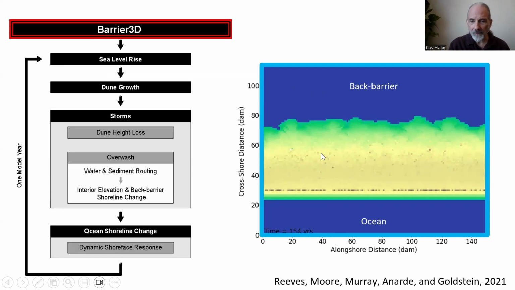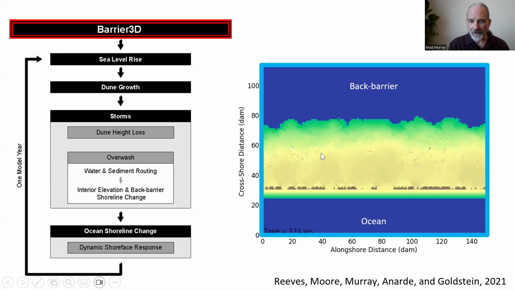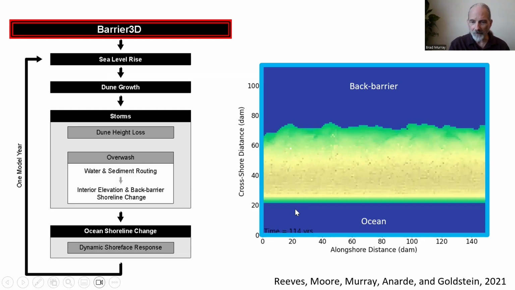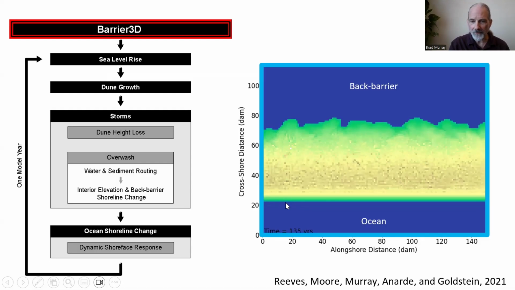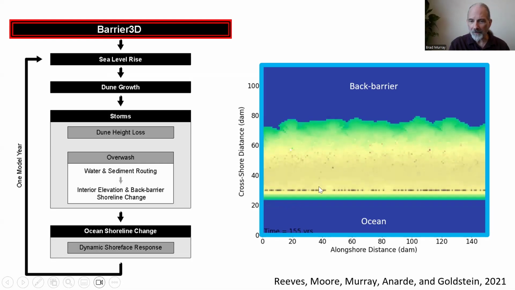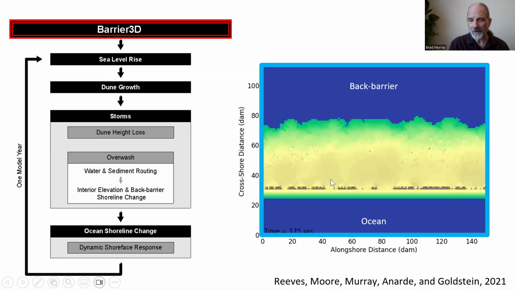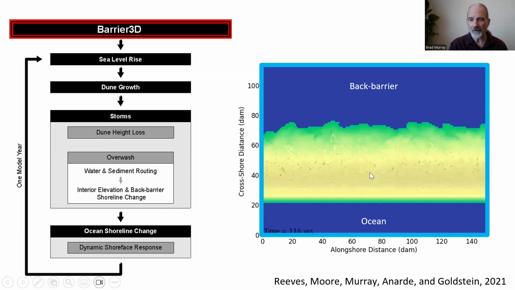Okay, so this example on the right here shows 100 years worth of evolution of a natural barrier where we can see the shoreline moving landward over time. It just restarted here. And for part of the time, there isn't the dune line present and there's just overwash all over. And then the dune develops and there's some gaps in the dune and big overwash fans.